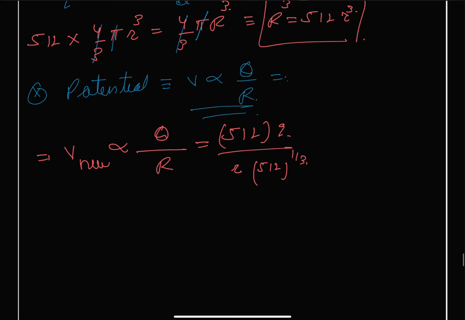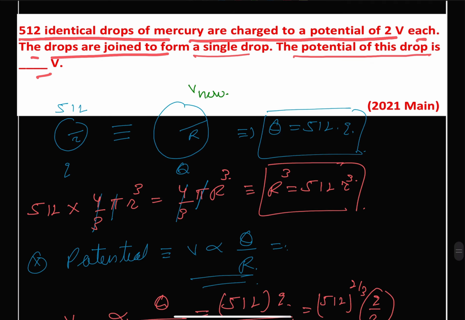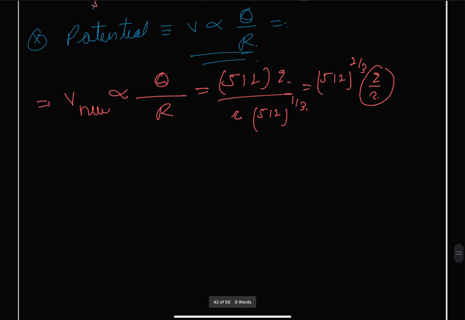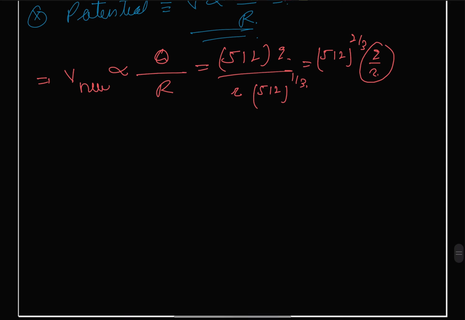So this can be written as, from here we get, this will be 1 minus 1 by 3. So we get this as 512 to the power 2 by 3 times Q upon R. And this Q upon R is our old potential. So V old is given as 2 volt. So we get our new potential will be equal to 2 times 512 to the power 2 by 3.